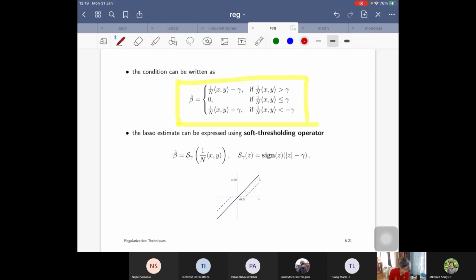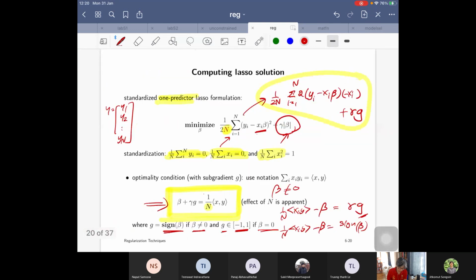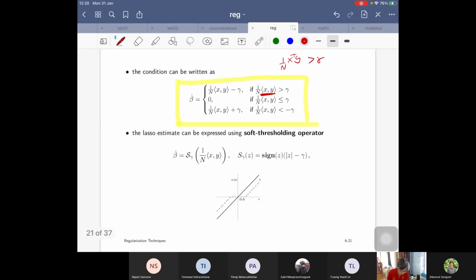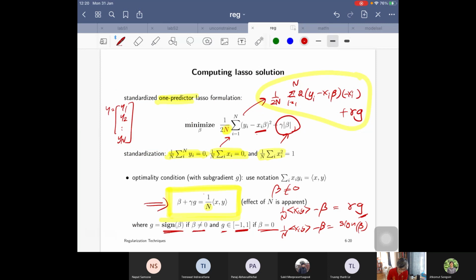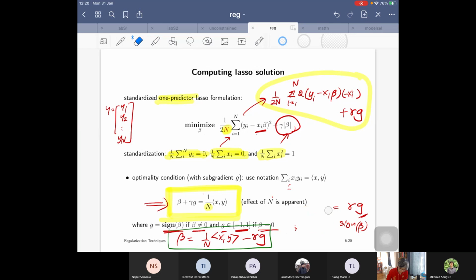If the inner product between x and y, 1 over n, is bigger than gamma, what happened?